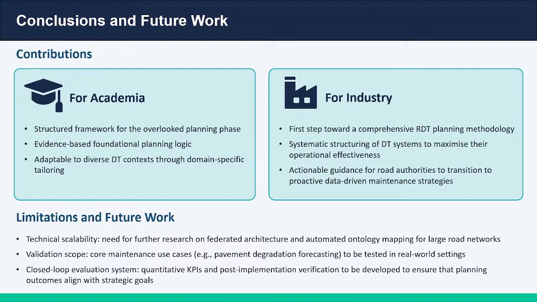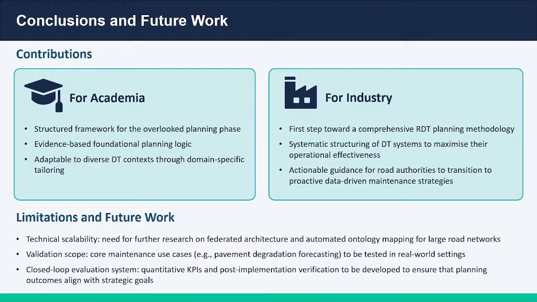We acknowledge some limitations that provide a roadmap for future work, and these are essentially technical scalability, because there is a need for further research on federated architecture and automated ontology that can work for larger road networks.